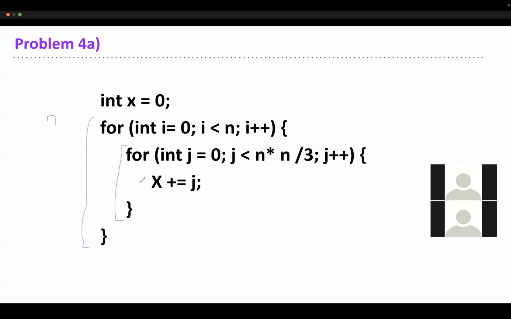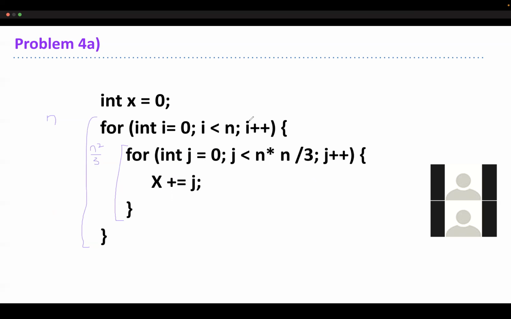Then I look at the inner loop, and this inner loop runs n times n divided by 3 times, so n squared divided by 3. And then from there, that's when I try to figure out what the runtime is. Based on what we just listed out, does anyone know the runtime for this particular algorithm? You can either shout it out or type it in the chat.